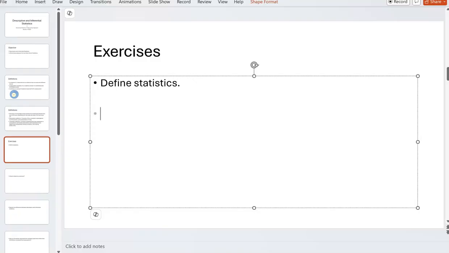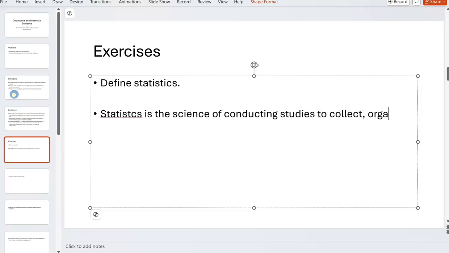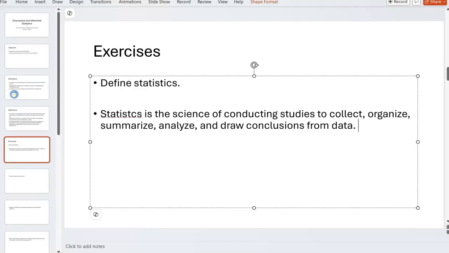Statistics is the science of conducting studies to collect, organize, summarize, analyze, and draw conclusions from data.